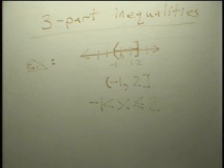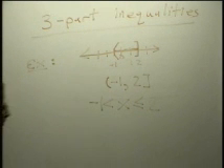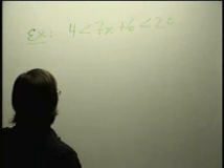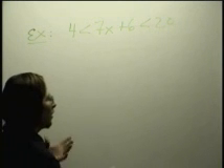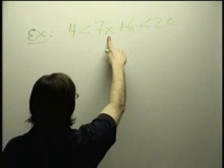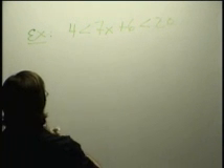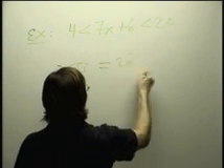Well, how are we going to solve something that comes to us in 3 parts? Let's look at an example. If we have 4 is less than 7x plus 6 is less than 20, how are we going to solve this? Remember, if we're solving things, whether it's an equation or an inequality, the goal is to isolate the variable. Normally, in an equation, we have some stuff equals some other stuff.